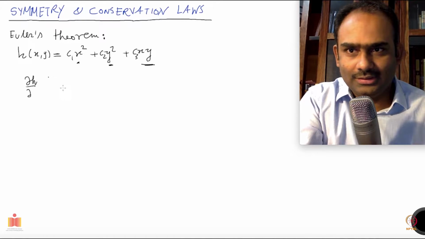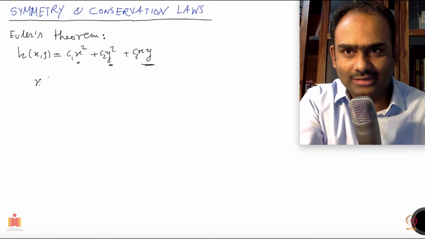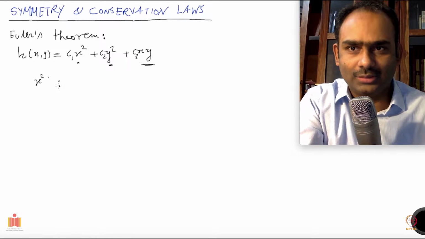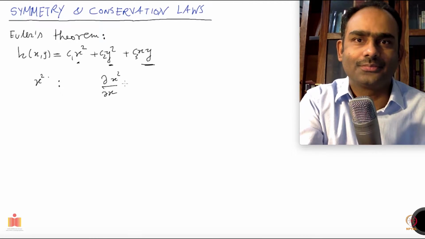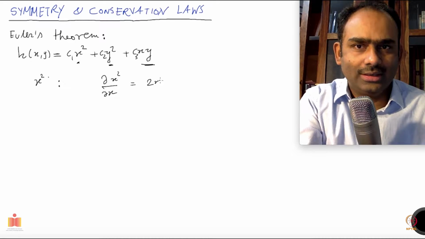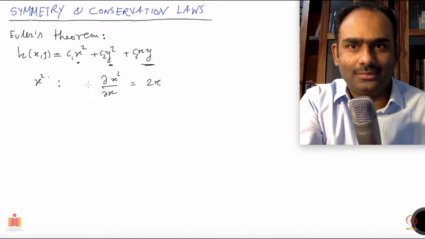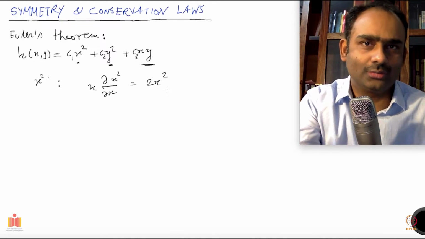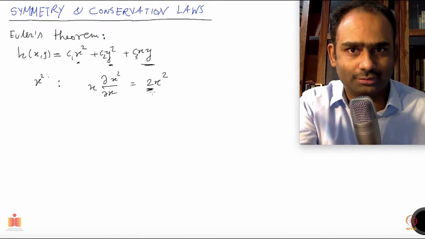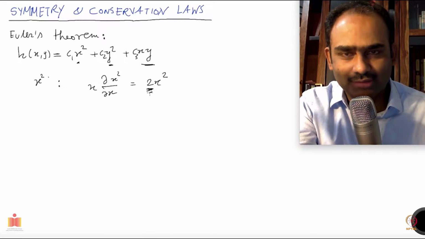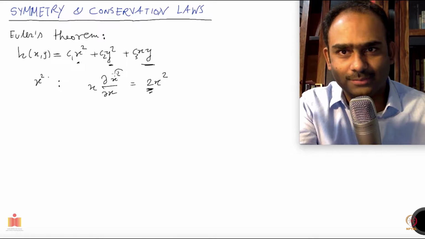Let's say we take x square. Del x square over del x is 2x, but if you multiply with x again, you get 2x square, which is what you had originally, except for this factor of 2. And this factor 2 you have got because of the 2 here.